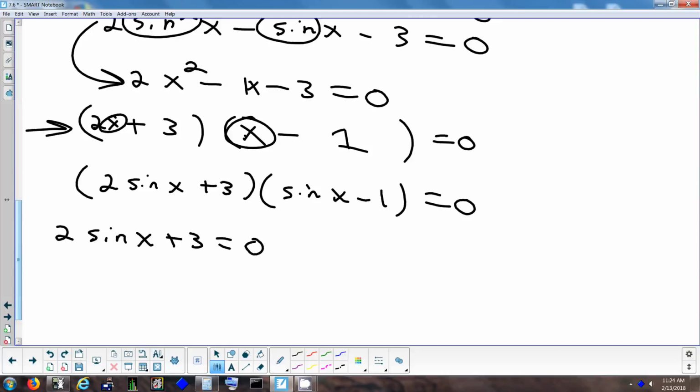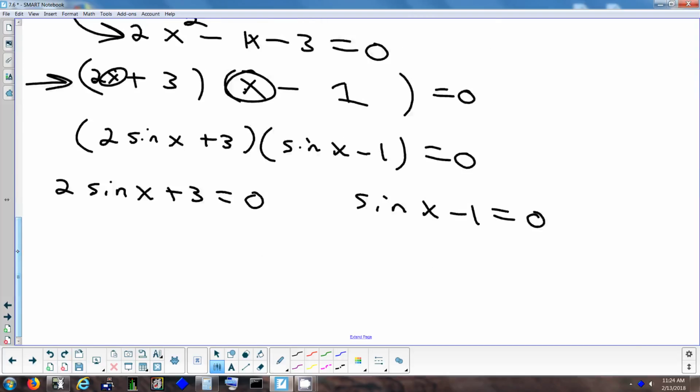Now we've got a problem just like you had in the homework last night. We're going to get sine x by itself. Okay. I want to get this by itself. So how would I move the 3 to the other side? Subtract it. And how would I move the 2 to the other side?